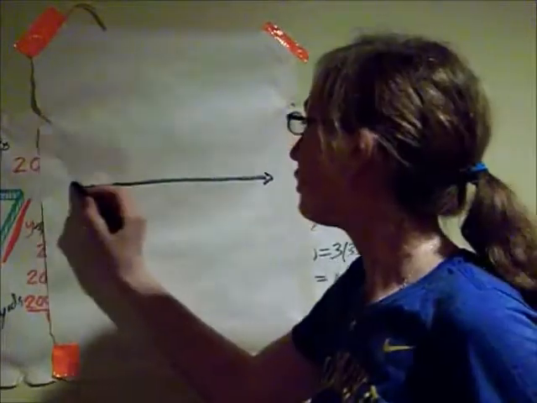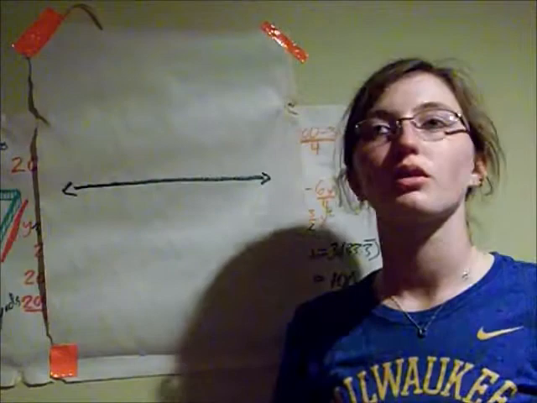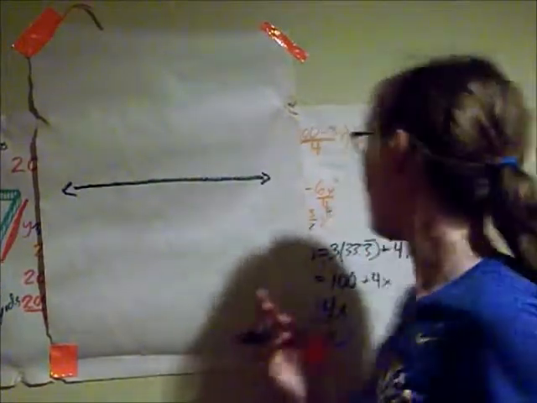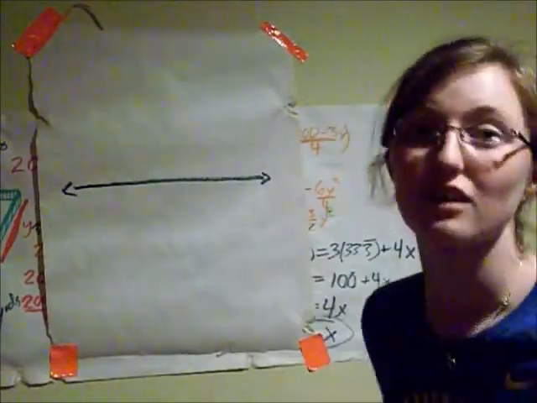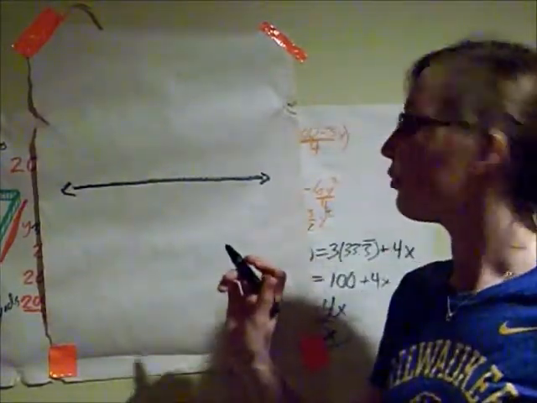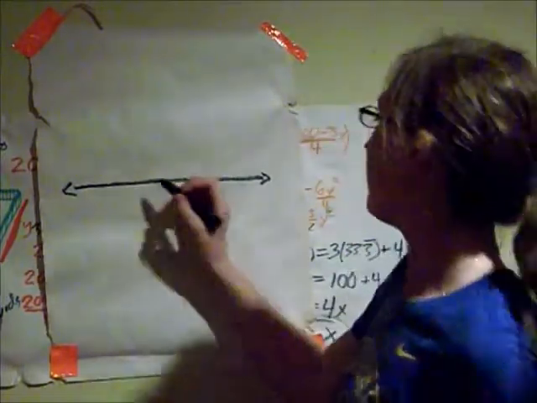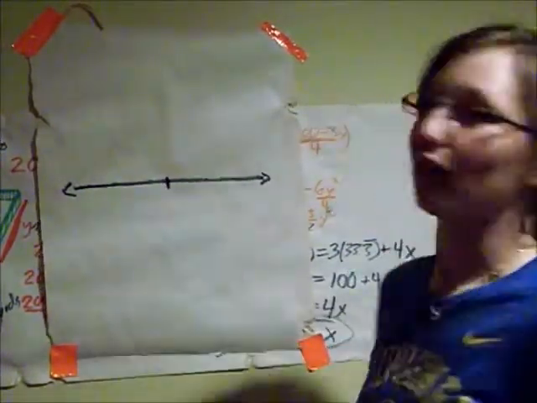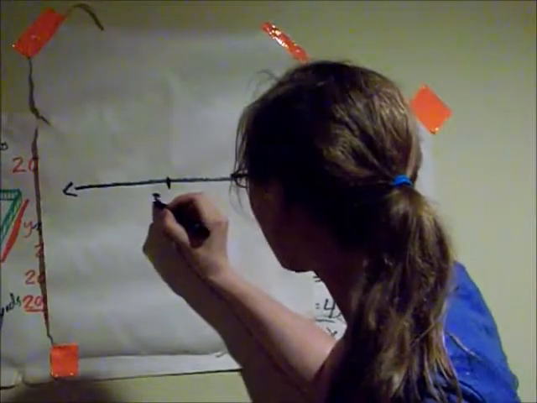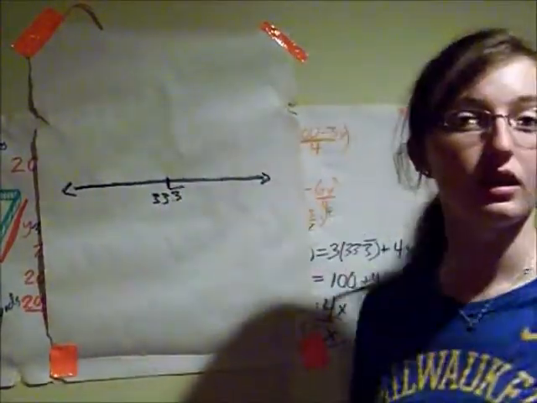It's optional to draw 2 arrows at the edges, and you take your critical numbers, which if we remember from our equation, which you can't see because I covered it up, which is helpful of me, I know, for y was 33.333. So we're going to plot that critical number right there, because there's only one at this time.